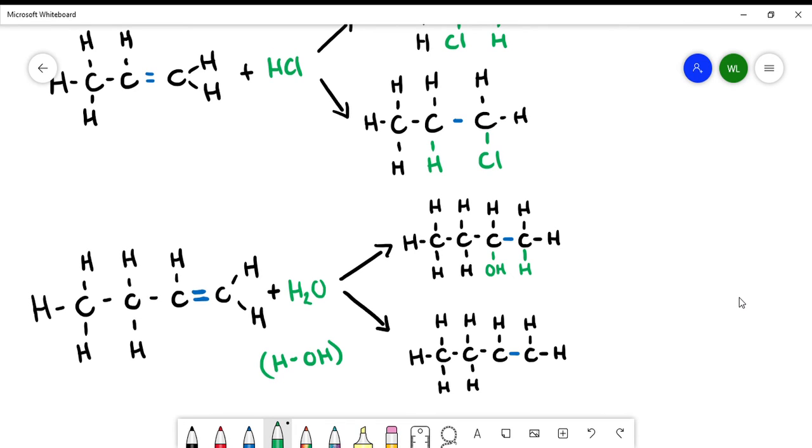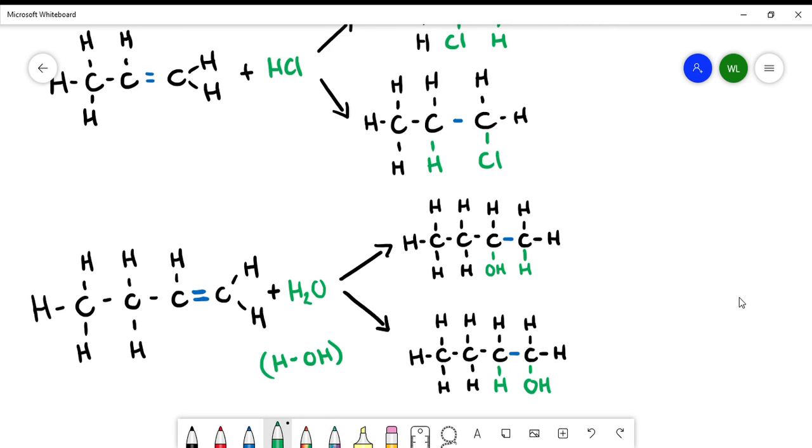In the bottom example, or our second one, the hydroxyl group will go to our first carbon, and our hydrogen will go to the second carbon.